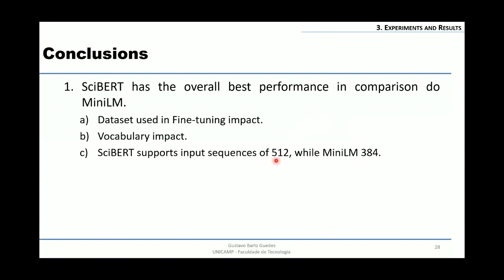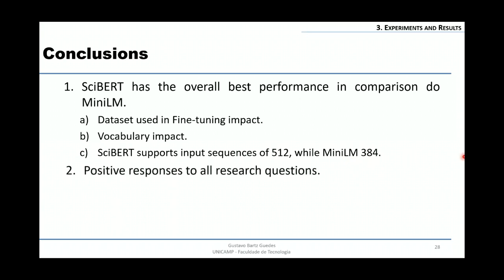It's pretty rare to have sentences like this because it's a huge sequence, but it supports it, and MinLM supports a shorter input sequence. So if we have a sentence which is greater than 384 tokens, it's going to get truncated in MinLM.